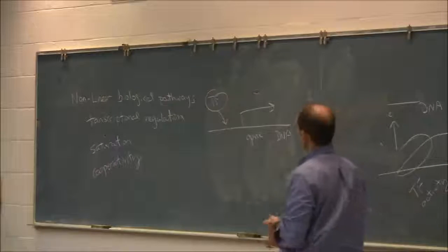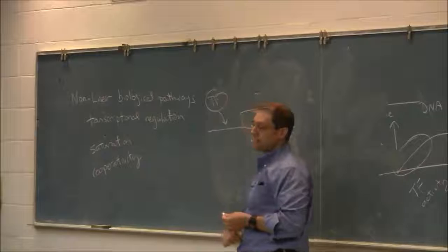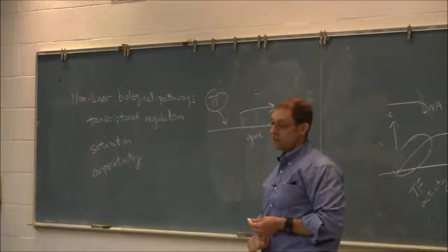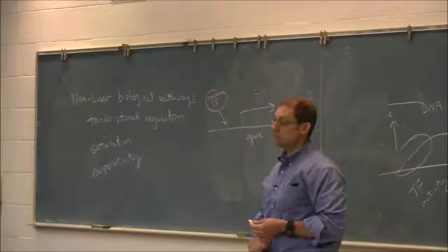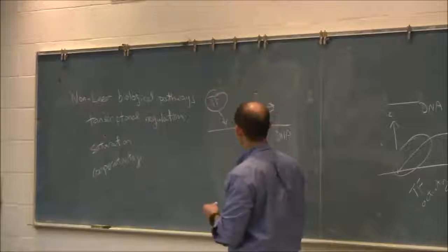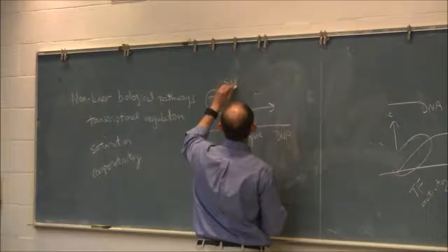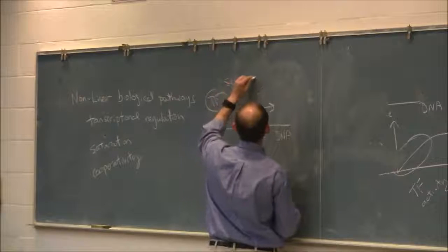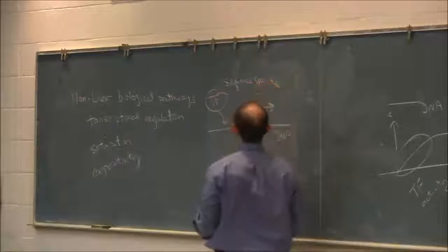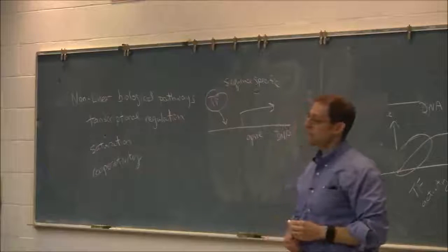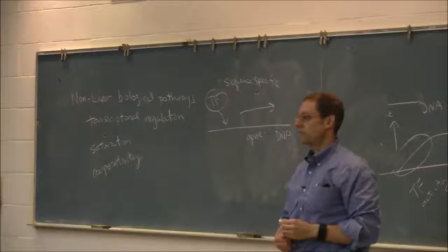All right. So the way that transcription factors recognize genes is they are sequence specific. So a sequence specific transcription factor just means it's one that recognizes a specific DNA sequence.